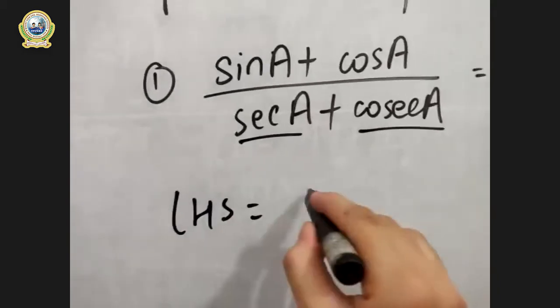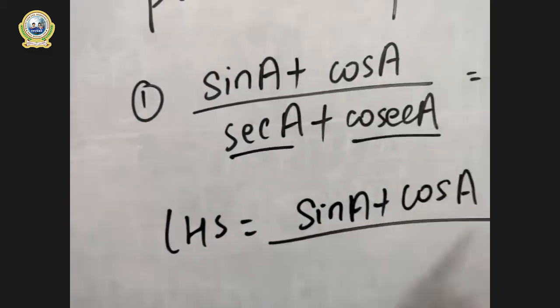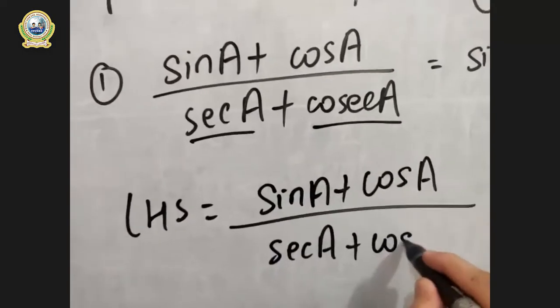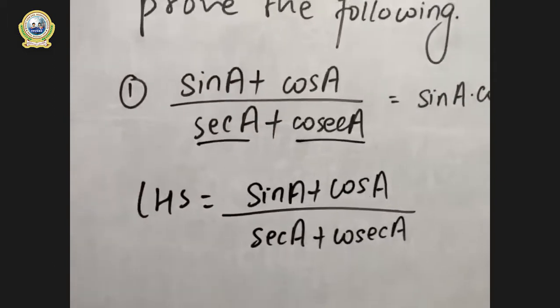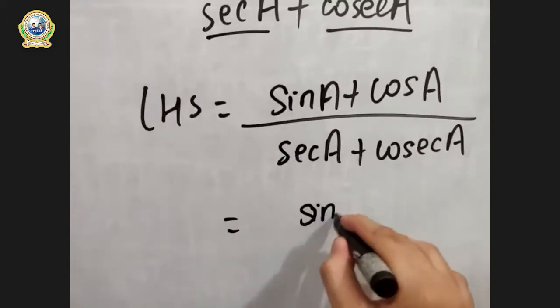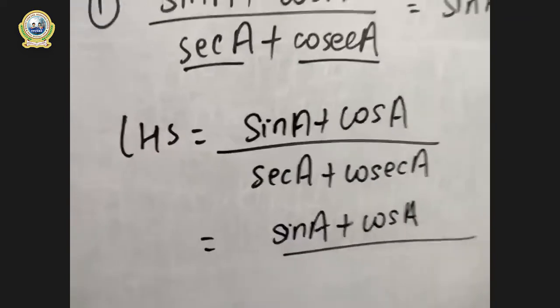It is sin A plus cos A divided by sec A plus cosec A. I've done nothing, I've just copied the left part of the question. Is it clear? Now in the numerator, let us write sin A as it is and cos A as it is.